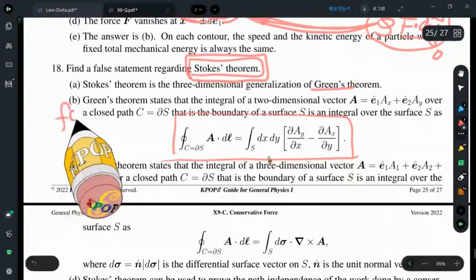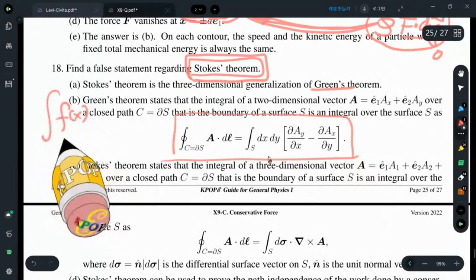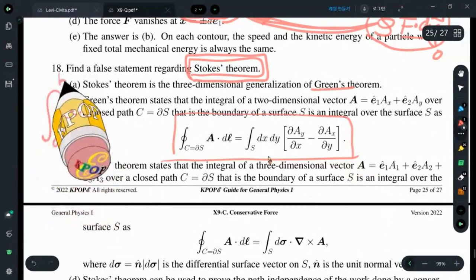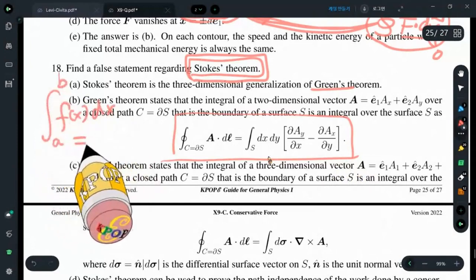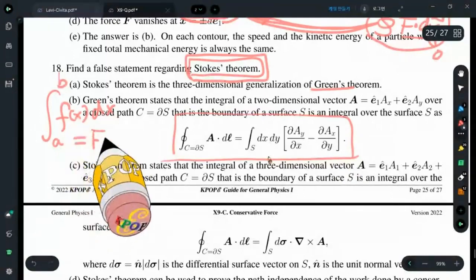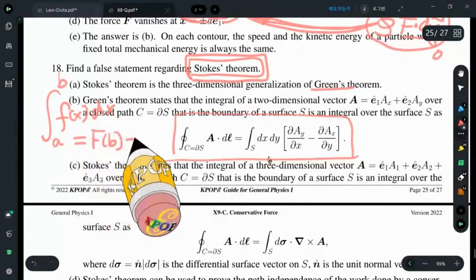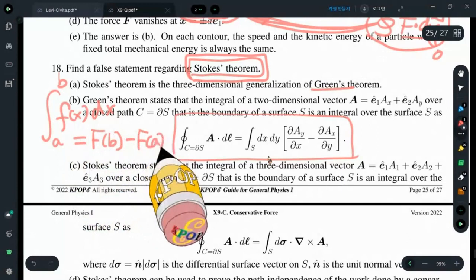As you know, the integral of a function from a to b dx is expressed as the difference of the primitive function in such a manner.